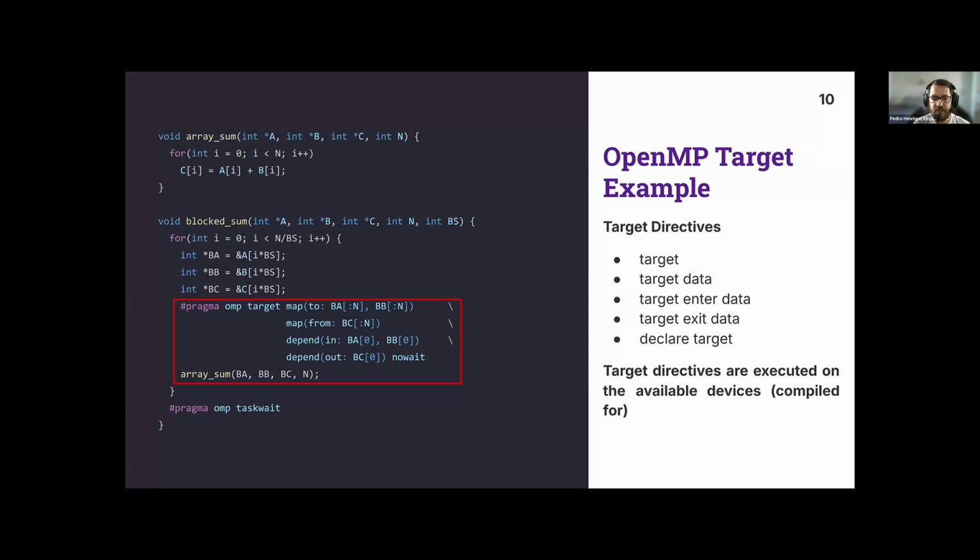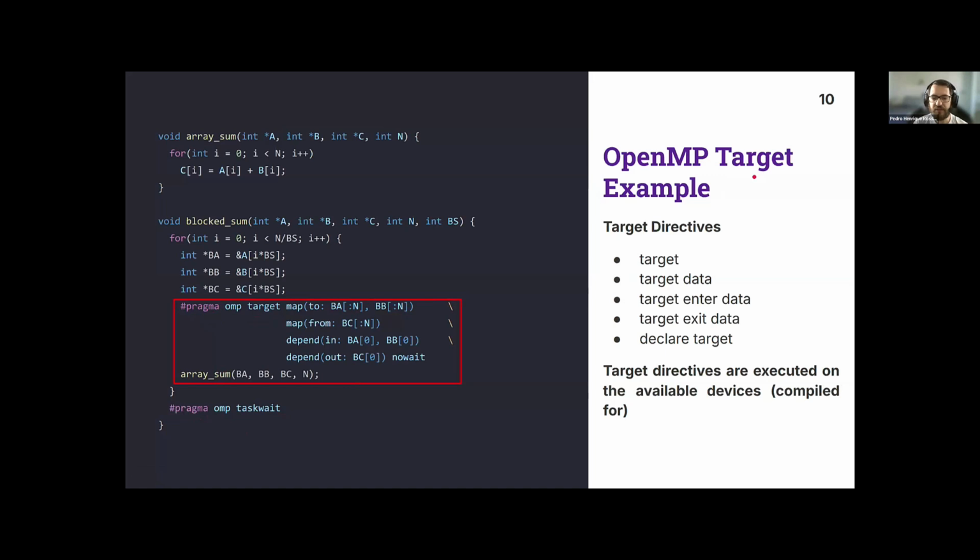So the basic idea is that we have a few directives. For those who don't know, OpenMP is a directive programming model where you specify the directives to say how it should parallelize your program. There are a few directives that are the target directives that focus on these devices.